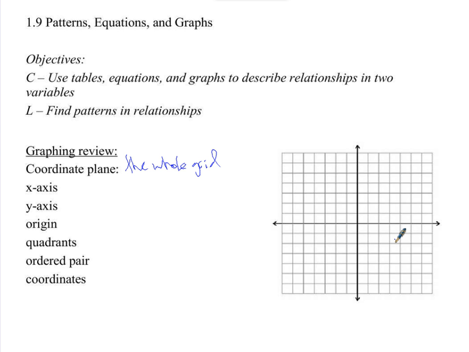What is the x-axis? The horizontal one. Good. This axis right here is the x-axis. That's the horizontal axis. What word looks like horizontal? The horizon. You guys know what the horizon is, right?